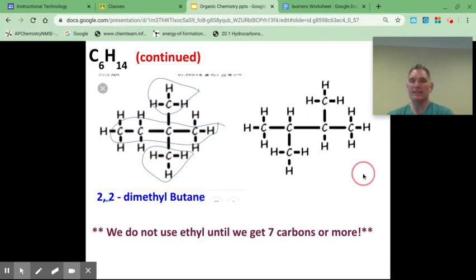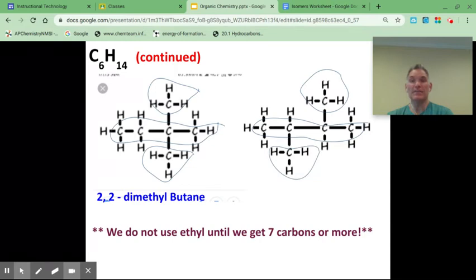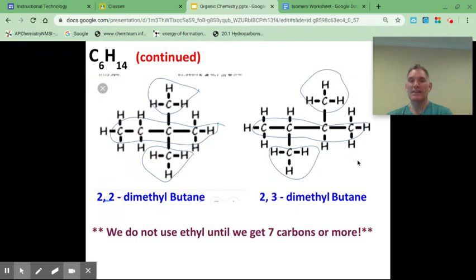So what is it? 4 carbons, single, butane, 2 methyls, but this time they're not on the same carbon, so I need 2 different numbers. So this is a 2,3-dimethylbutane. I love organic chemistry. At this point, there are no more isomers for regular hexane.